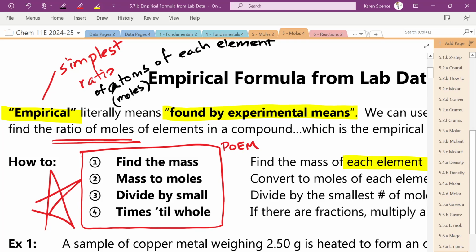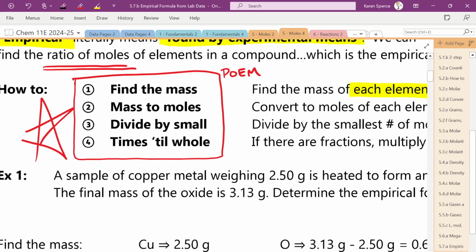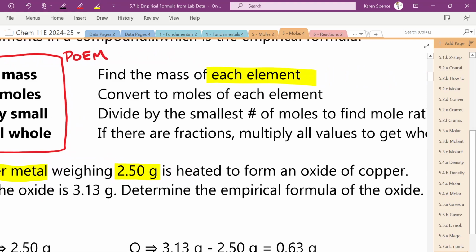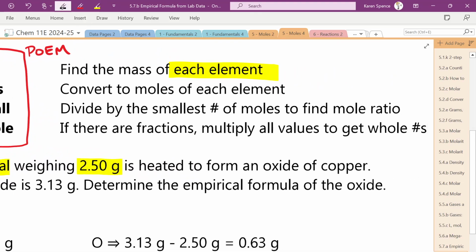So let's start with our first example and do step 1. Find the mass of each element. A sample of copper metal weighing 2.50 grams is heated to form an oxide of copper.